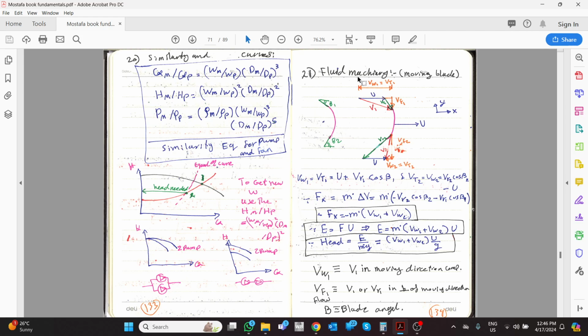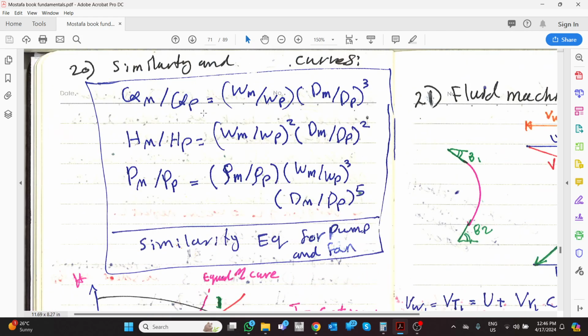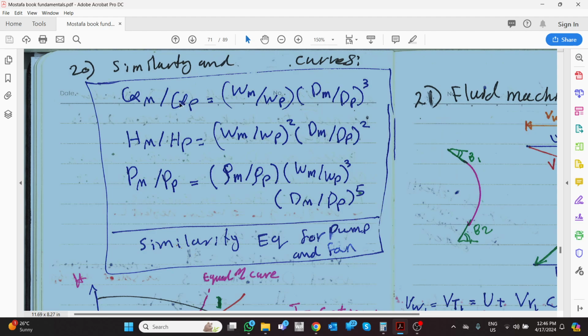The last one in the dimension analysis, not this part, it's a completely new part, is the similarity. If you do the dimensionless analysis for the pumps with all of its parameters, you can get the similarity curves from the dimensionless analysis.